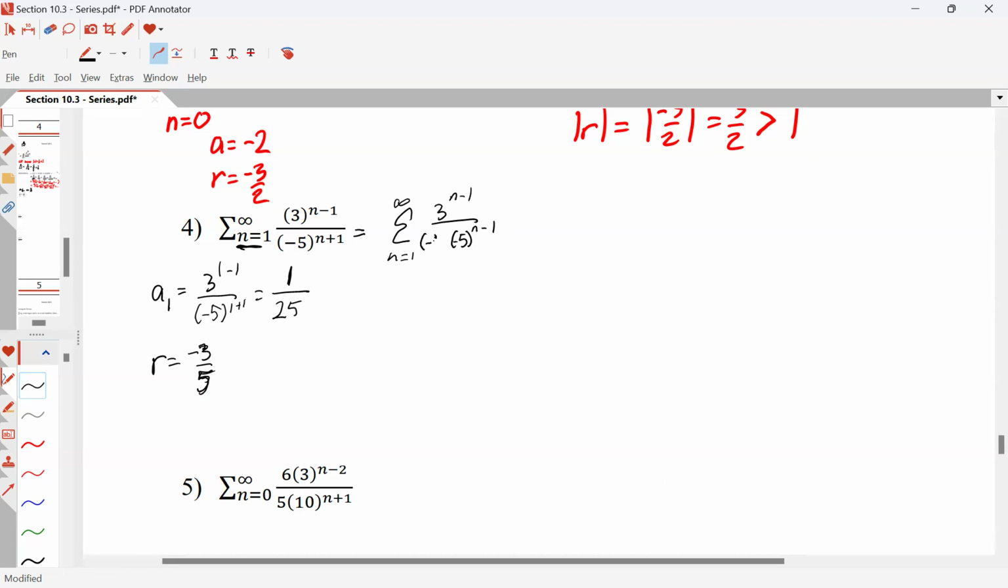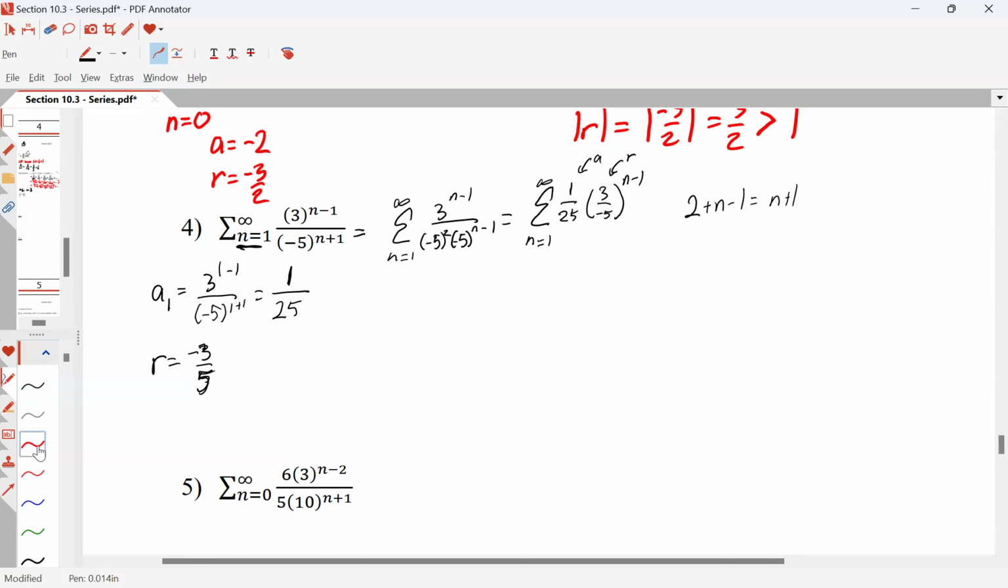So I actually took out a -5 squared, right? 2 plus n minus 1 is n plus 1. Meaning there is our series rewritten. And if we rewrite this a little bit more, putting everything with that exponent together would be 3 over -5, or -3/5, to the n minus 1. And everything without the n minus 1 exponent would be 1 over 25. And there is A and there is R, just like we just found.